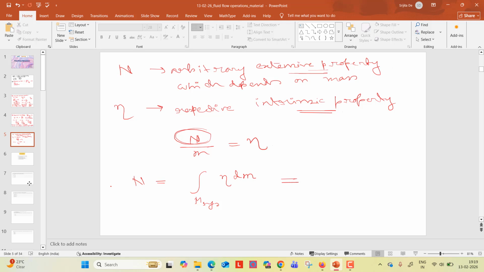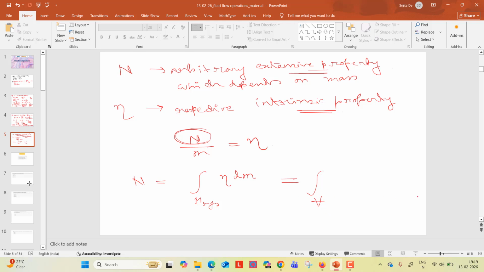And now what can we write for dm? Mass is density of the system times volume of the system, from the definition. We are writing the volume V like this because we have to write velocity also as v, and volume V, so that would be confusing for you.